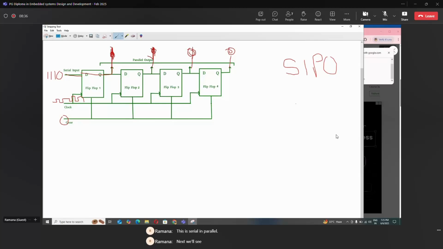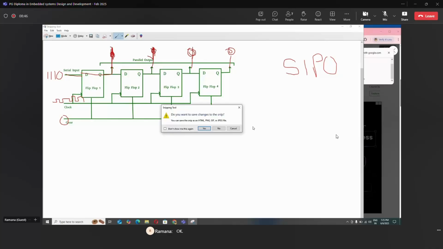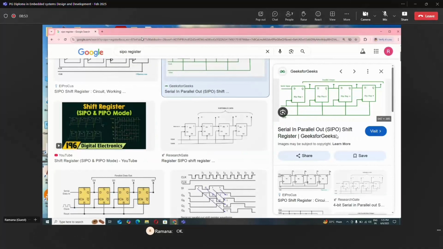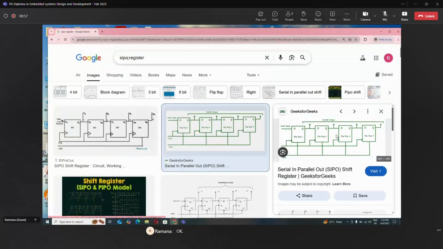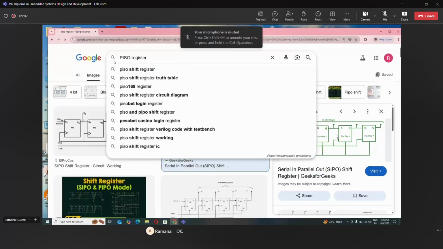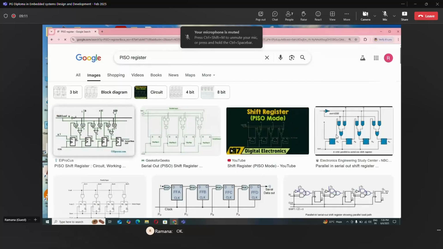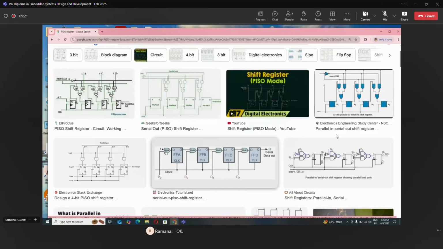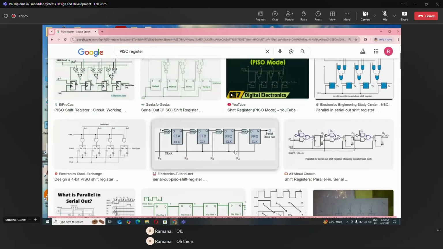Next we'll see parallel in, serial out. So this is the parallel in, serial out.